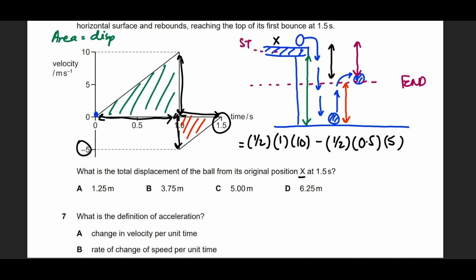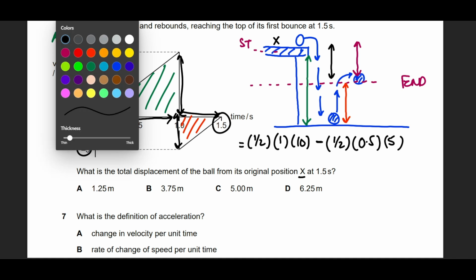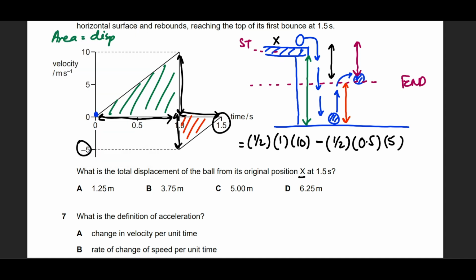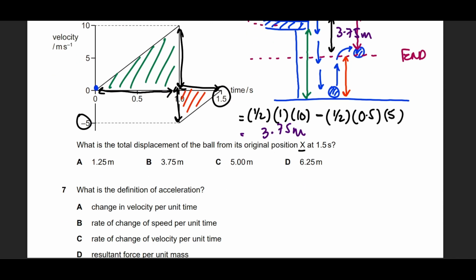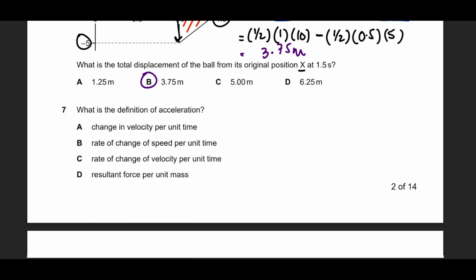Notice that I've already included a negative sign over here in the formula because I understand that they're going to be different. They're going to be subtracted, so no need to add minus over here again. So when you do that, your answer comes out as 3.75 meters, which means that this displacement is actually 3.75, right? So this will be my answer as option B.